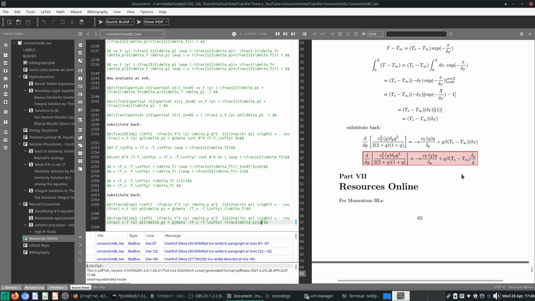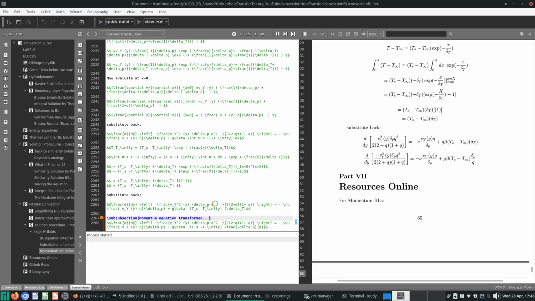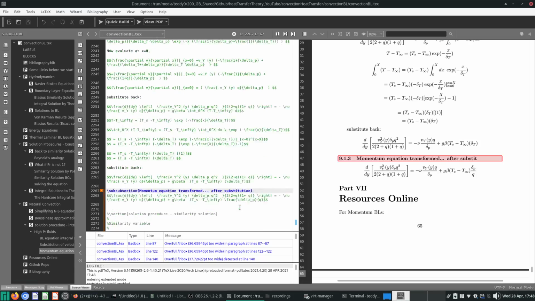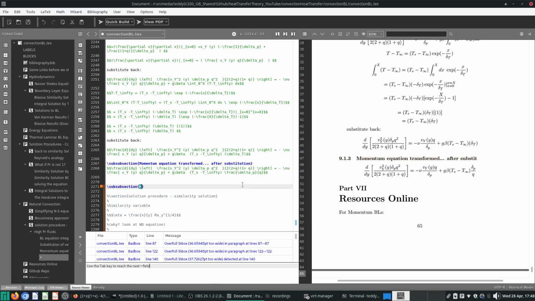And basically that's our first equation, sort of done. The momentum equation transform after substitution. And I'll do a subsection.